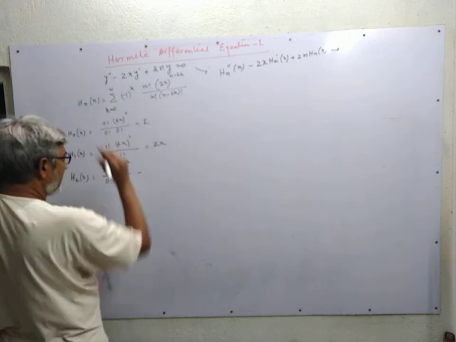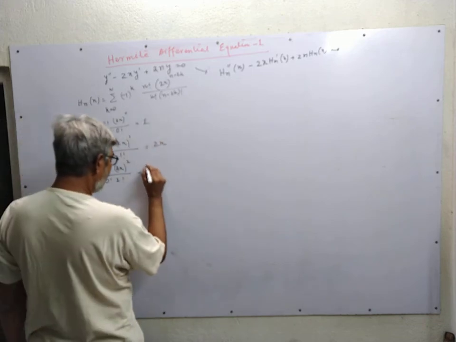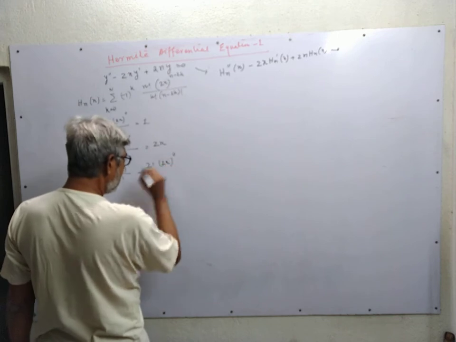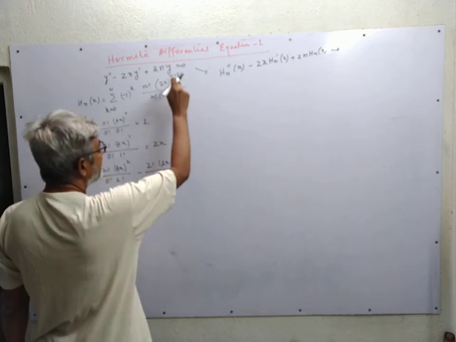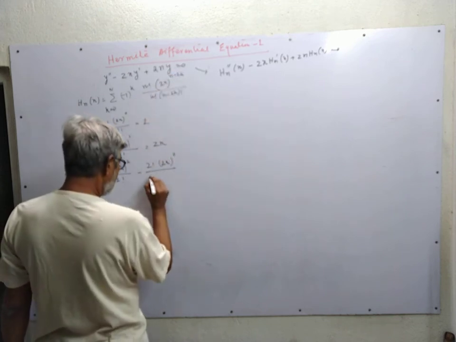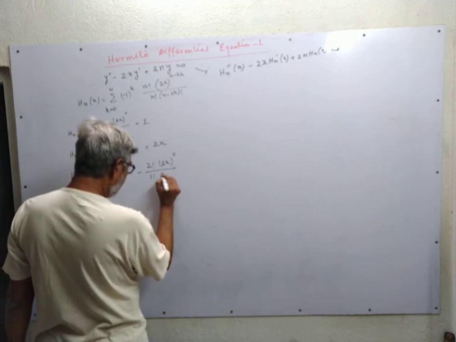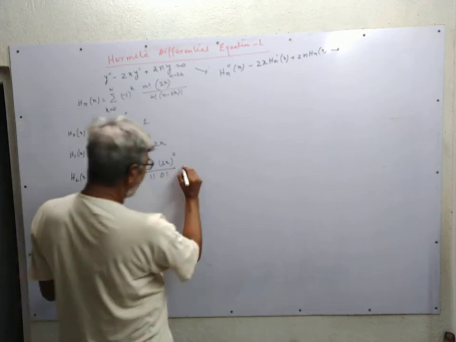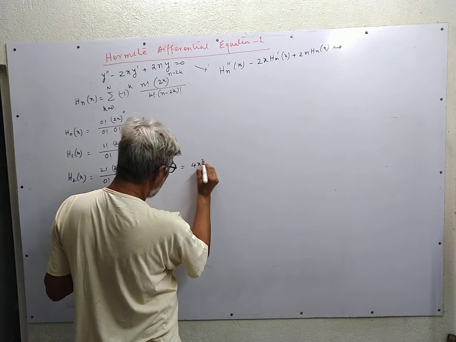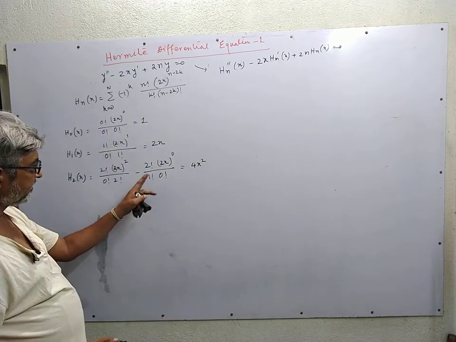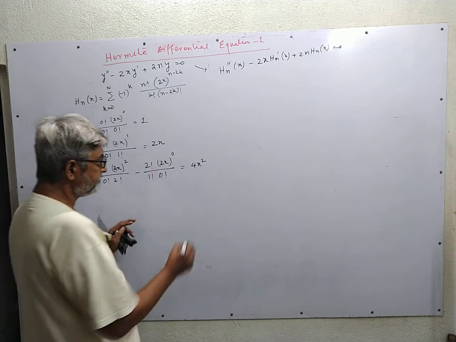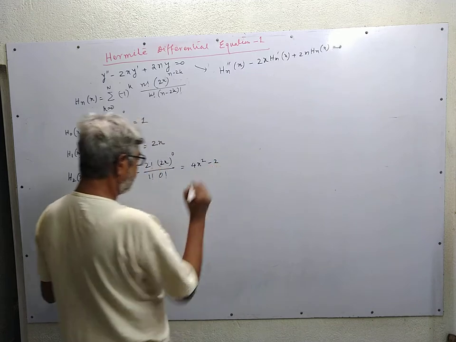Then the second term, minus, this is again 2 factorial, and 2x to the power 0, because k is equal to 1, over 1 factorial 0 factorial. So this is 4x square from the first term, and the second term is simply 2. So this is H2.